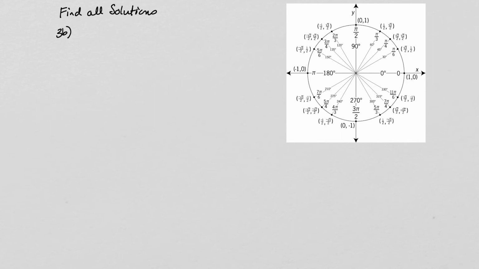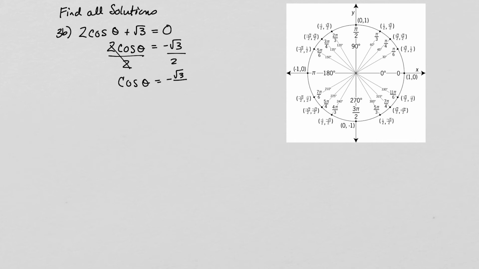It's not the 3B that's on the sheet, and we will talk about that in a minute. So I have 2 cosine theta plus root 3 equals 0. If I solve for theta, I have 2 cosine theta equals minus root 3, divide both sides by 2. So the cosine of theta equals minus root 3 over 2.